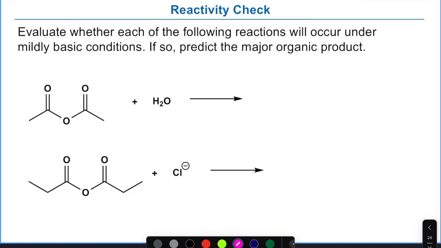Okay, first case, anhydride plus water. Do you get a reaction? Yes or no? Yes? Okay, if I took an alcohol plus an anhydride, would I get a reaction?